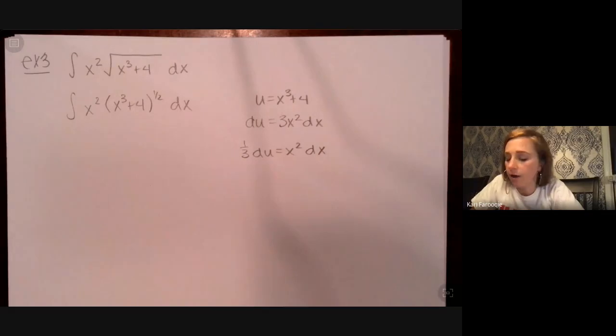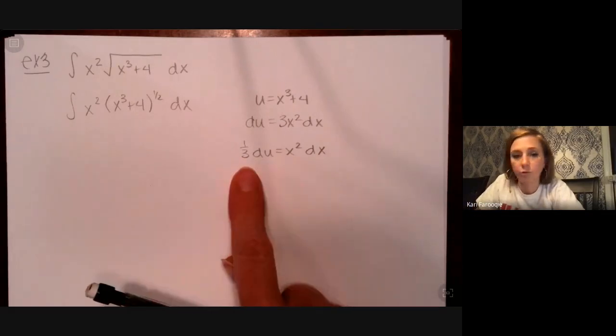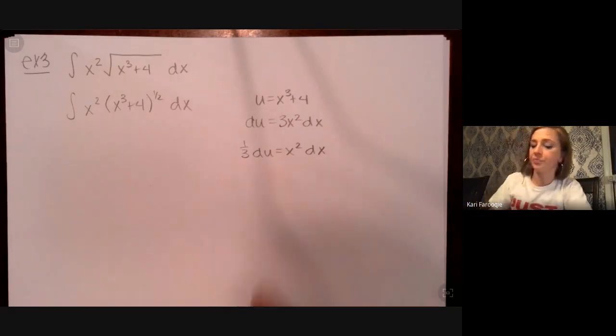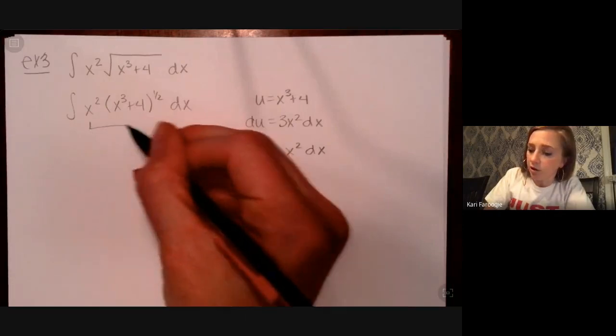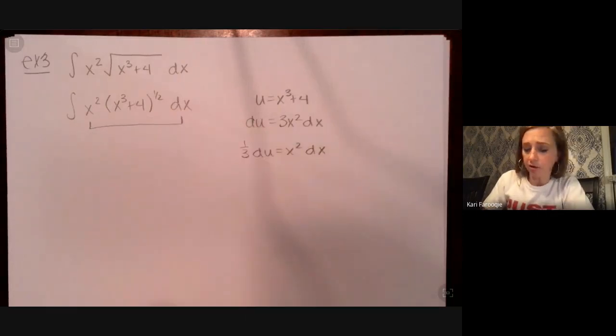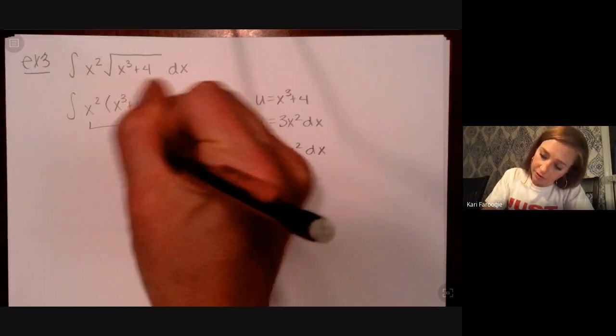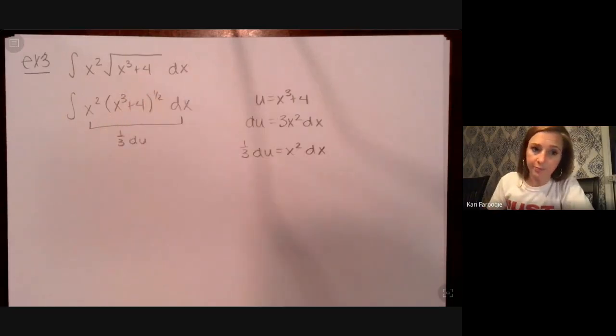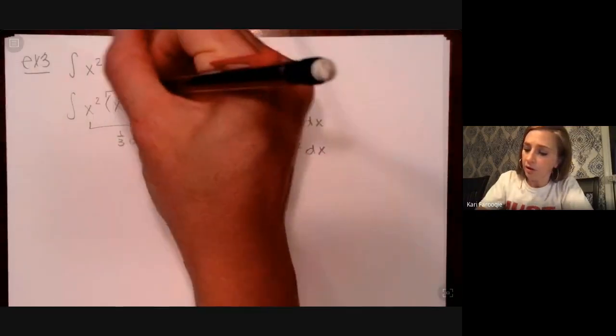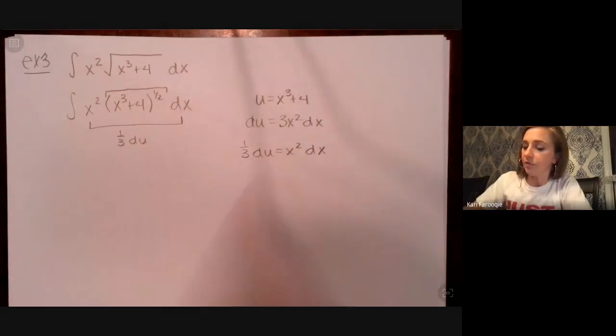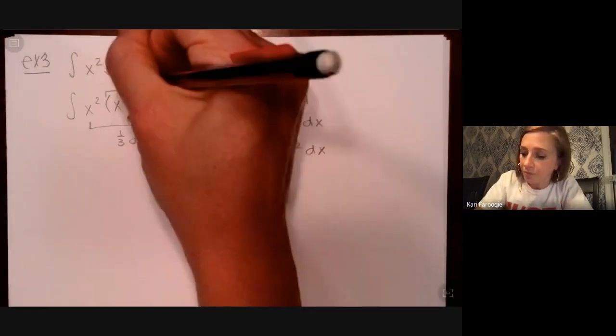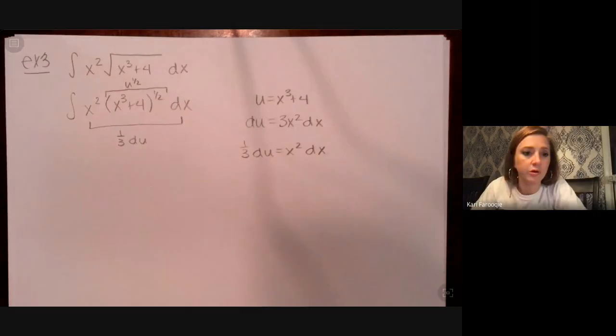And now you have x squared dx is 1/3 du. So these two together, x squared dx, are 1/3 du. And this quantity right here is going to be u to the 1/2 power.